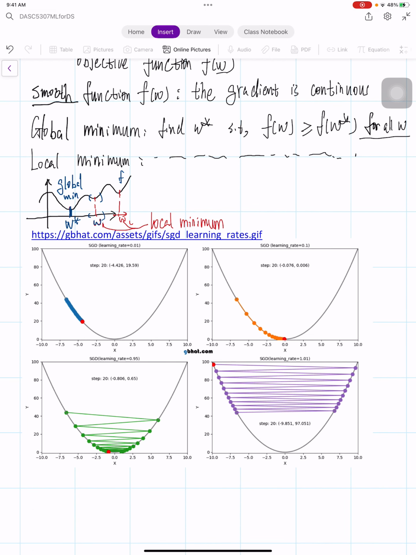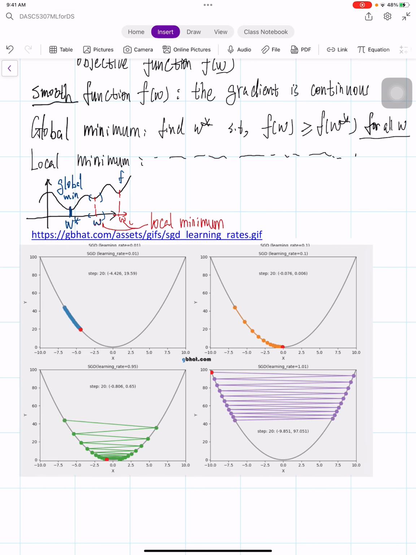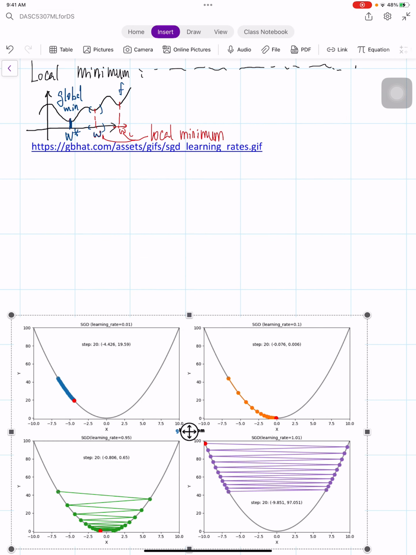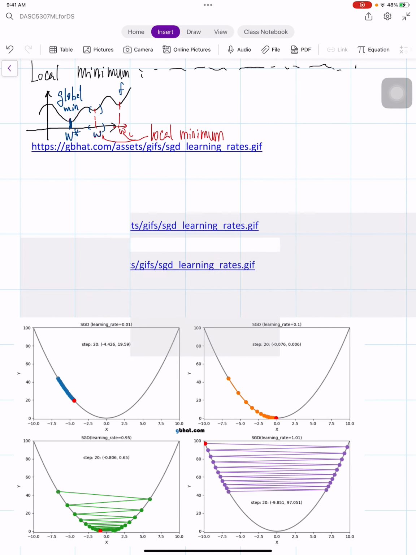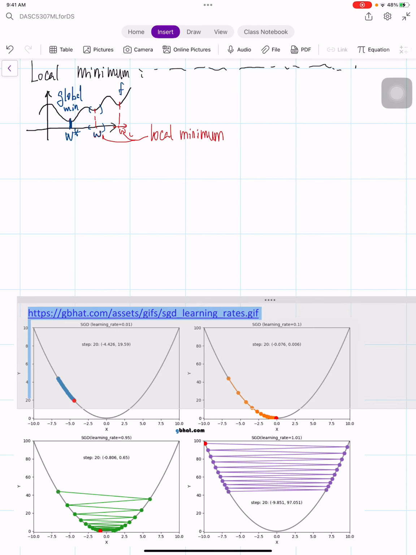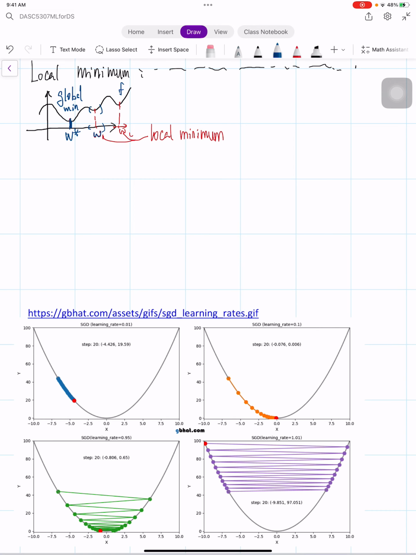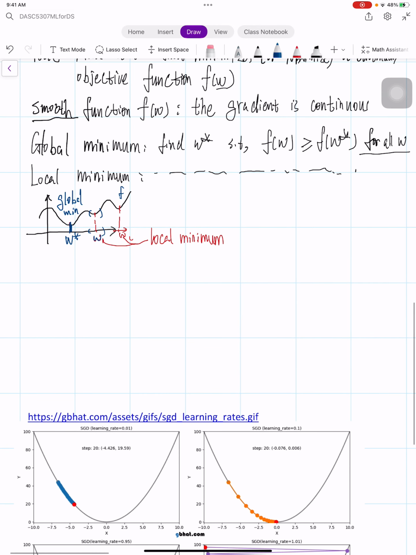Usually the local minimum is easier, and the global minimum is often hard.